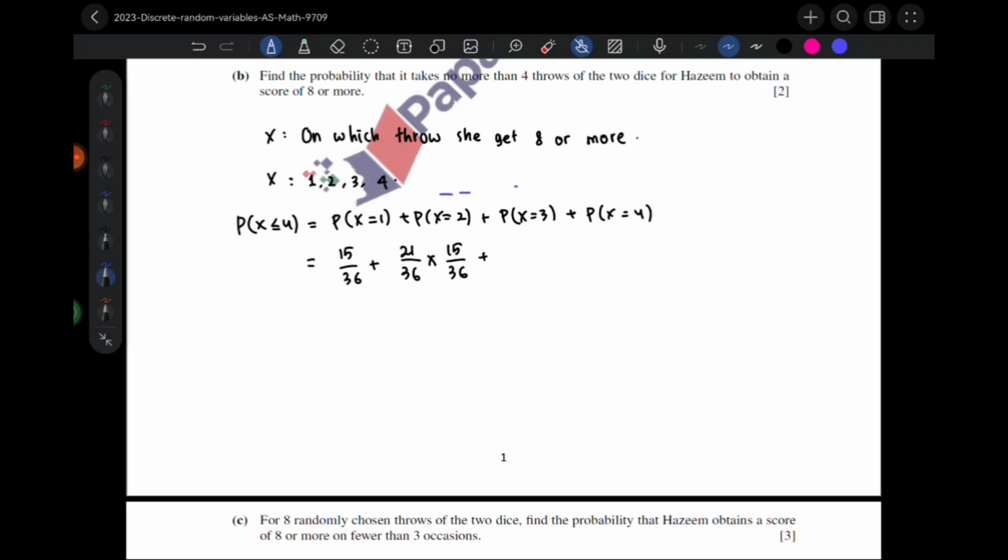Probability X equals 3: on the first 2 throws she got 7 or less, so it is 21 out of 36 squared times 15 over 36. For the last one, she gets 8 or more on the fourth throw, which means the first 3 she gets less than 8, so 21 out of 36 cubed times 15 over 36.